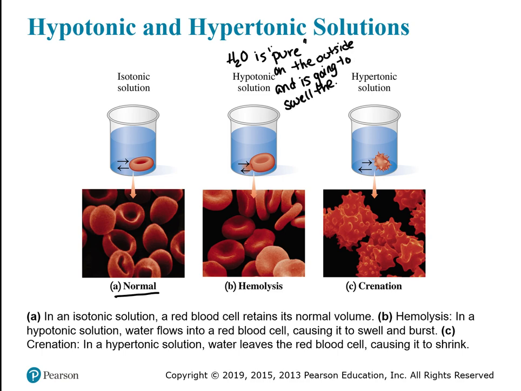Because there's a lot of stuff on the inside of the red blood cell. Okay? So it's going to keep sucking up water, because remember with osmosis, that water is going to keep going from the place of low or no solute to a place of high solute, like the red blood cell, until the concentration is equal.